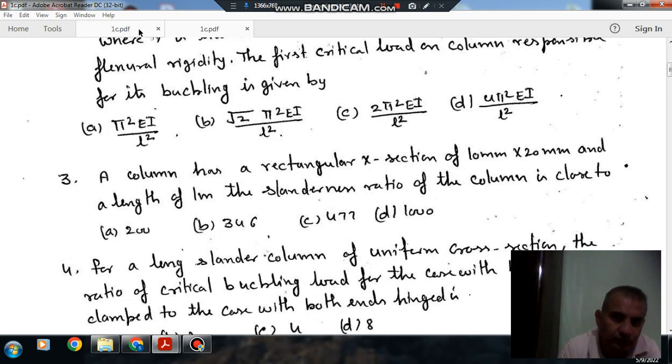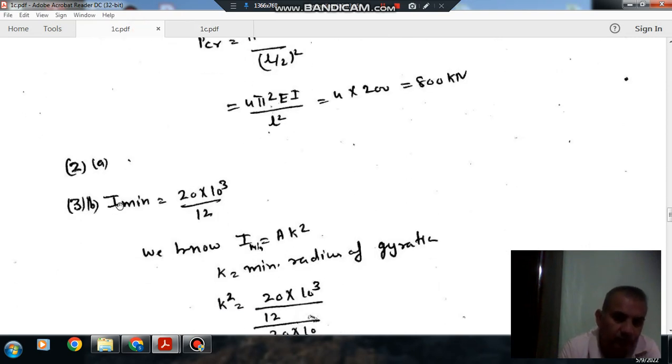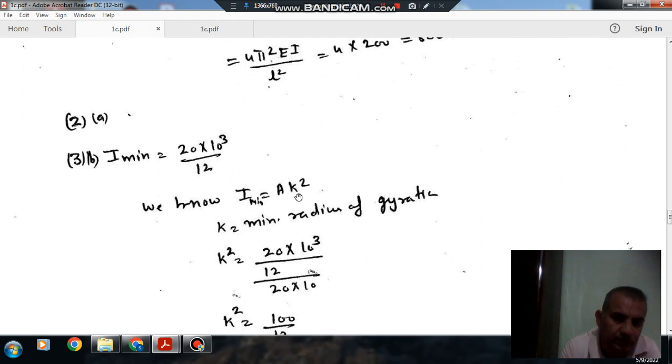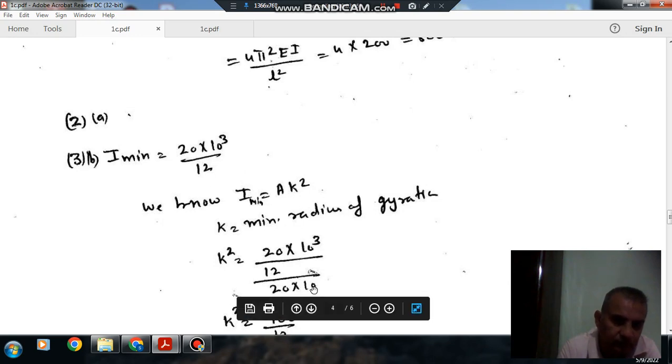To find the slenderness ratio, we have to find the minimum moment of inertia. Minimum moment of inertia is 20 into 10 cube by 12. We know that I minimum is equal to A k square, where A is the area of cross section and k is the minimum radius of gyration of the section. A is 20 into 10.